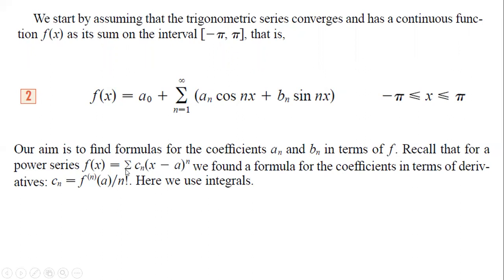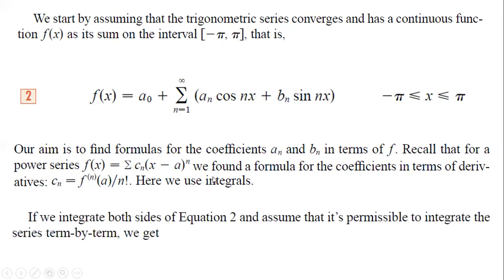So recall that for the power series, f of x equals the summation of c sub n times x minus a raised to n. We found the formula for the coefficients in terms of the derivatives. So c sub n is equal to the nth derivative of f at a over n factorial. Now in the Fourier series, we have to use integrals.